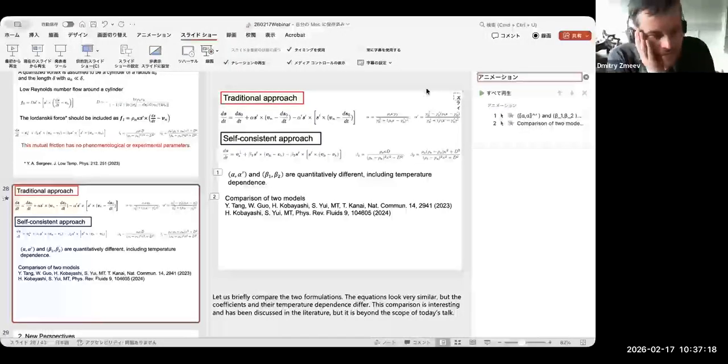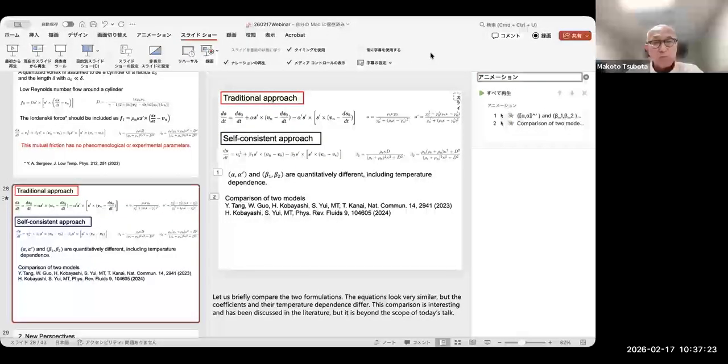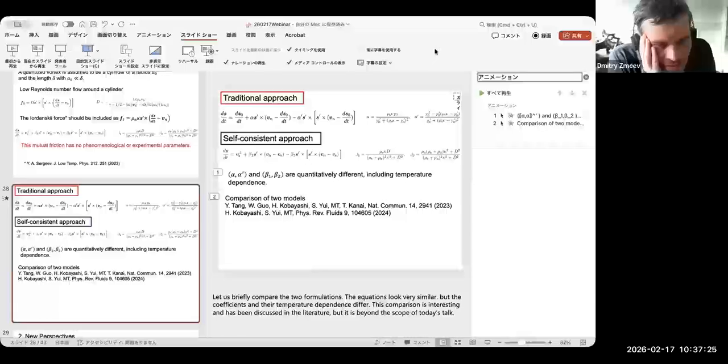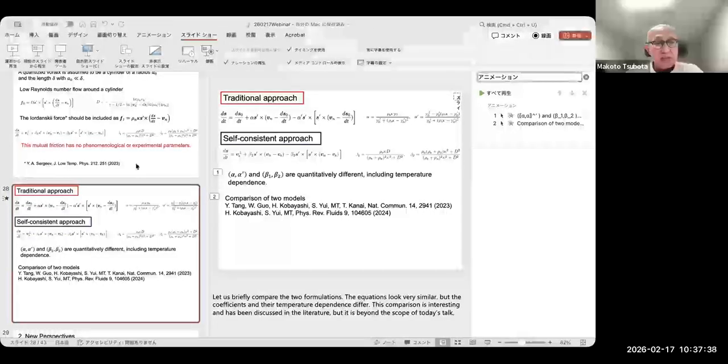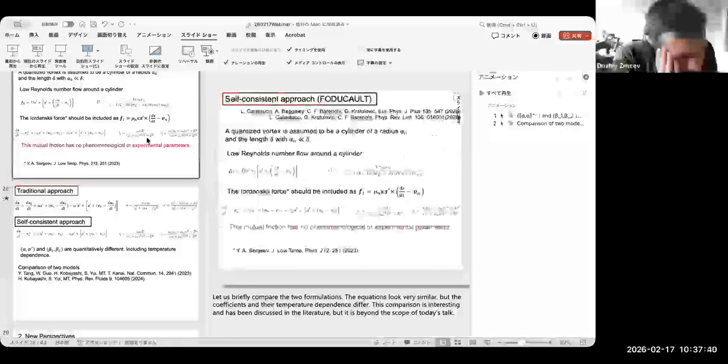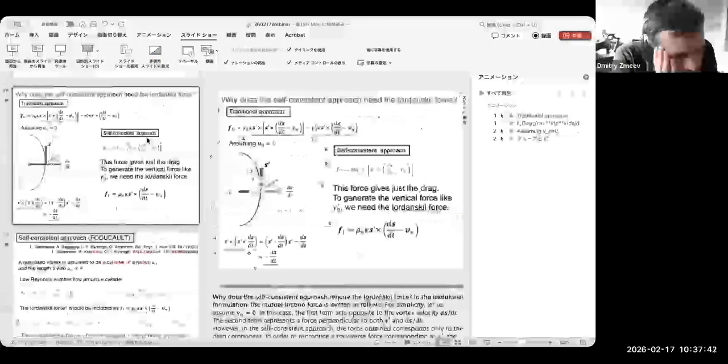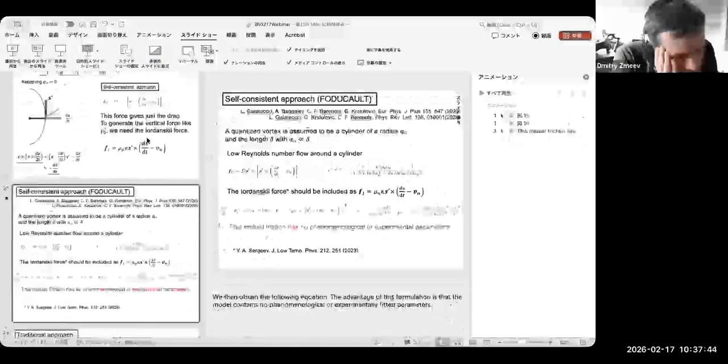Yeah, that's very interesting. Why they're different. Well, alpha prime can be negative, right? Yes, that's right. But then, in this self-consistent formulation, can it also be negative?